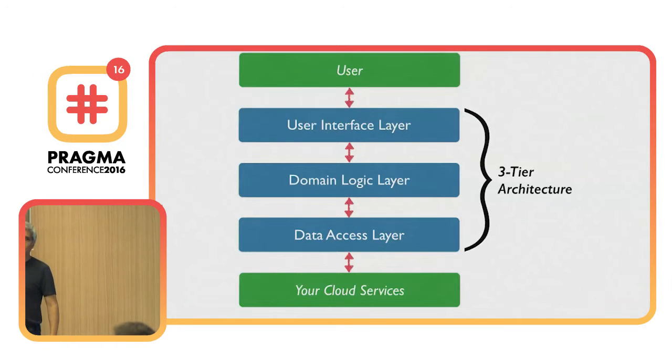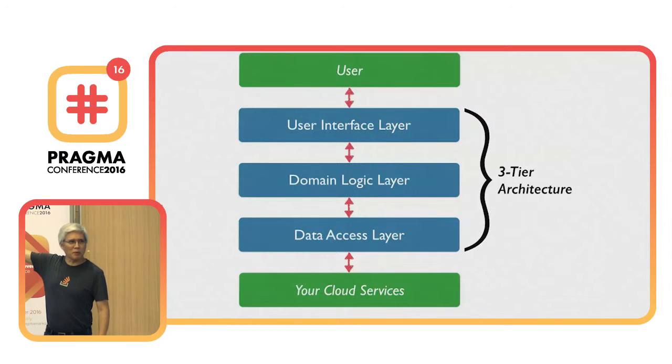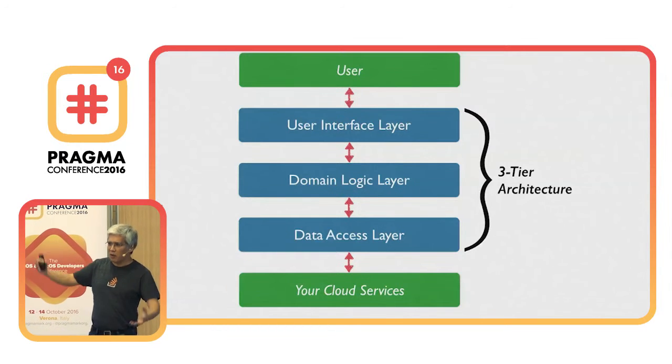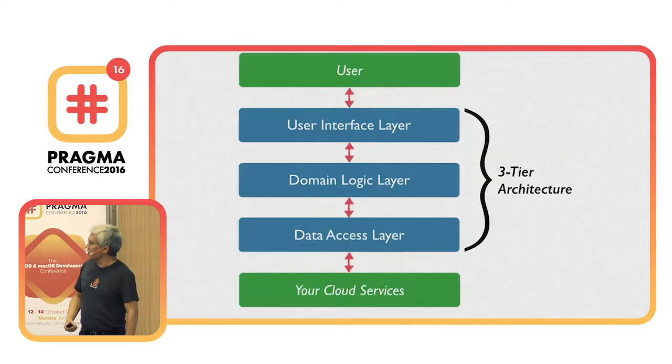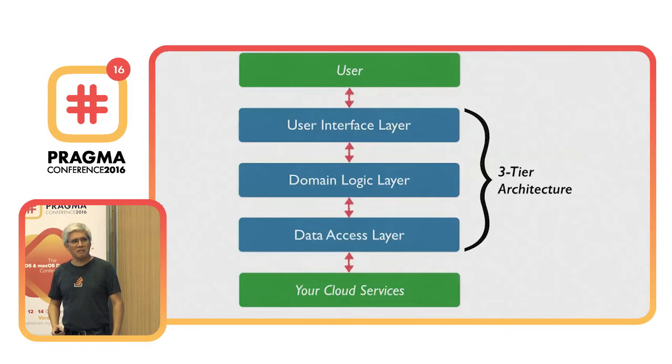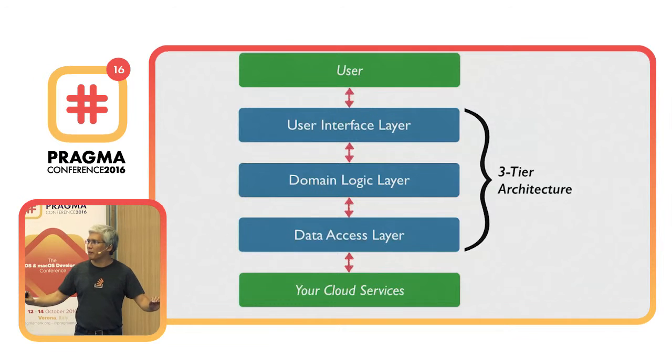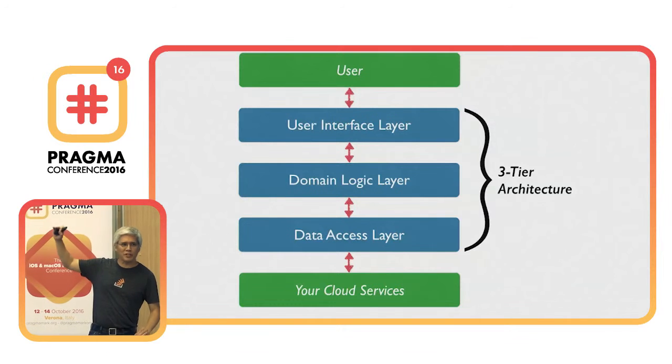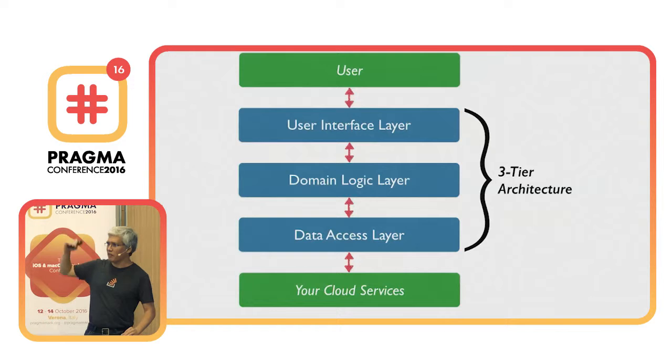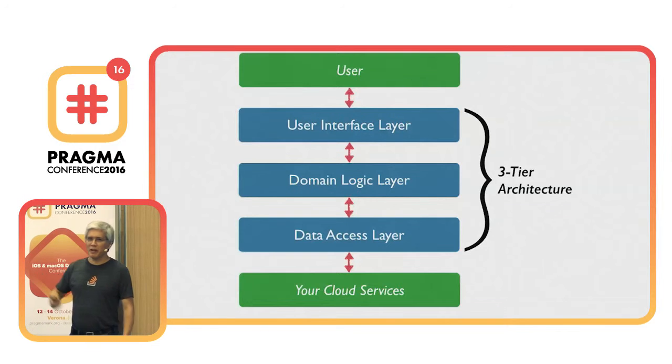Even if you've never heard of multi-tier architecture, this should look very sensible. It just makes sense because we all are used to this. And this is repeating a sub-theme that I feel is coming up at this conference, and that is a separation of concerns, right? Very important. So how do we apply this? How do we usually do this? Or how does Apple tell us to do this?